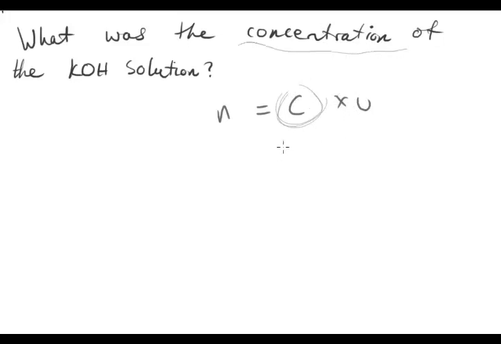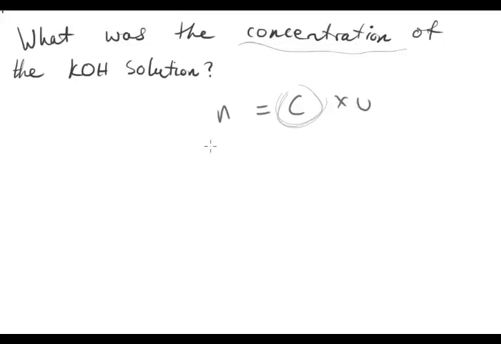So what we do is divide both sides by the concentration and also divide both sides by the number of moles. No, not divide. We need to just divide both sides by the volume actually. Yeah, that makes sense.